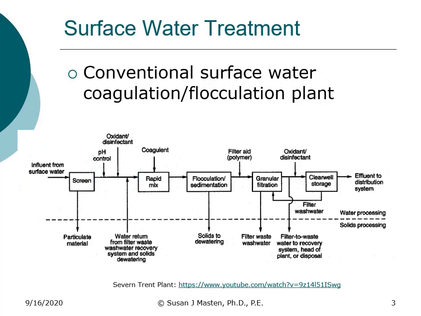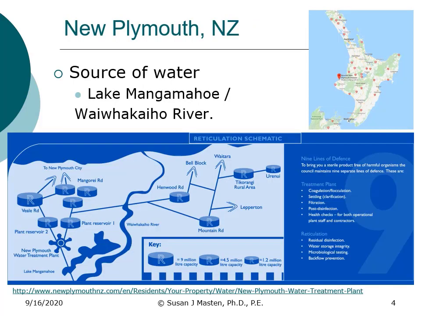And so we see in this system, this is actually in New Zealand. It's on the North Island of New Zealand. And in this case, this plant takes water from a lake and a river system.